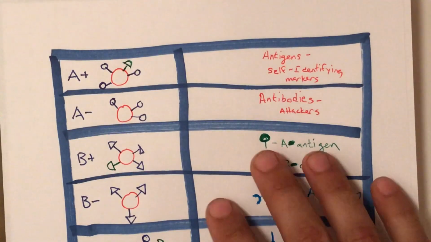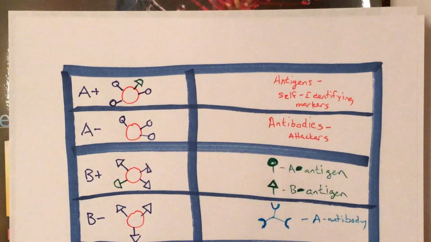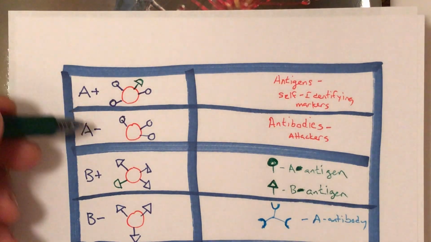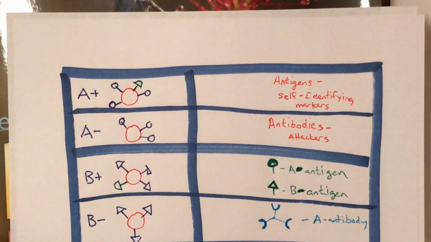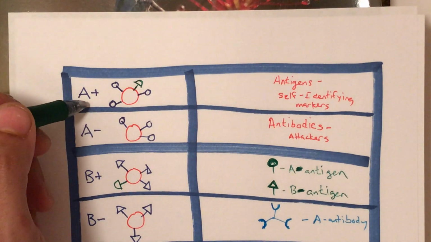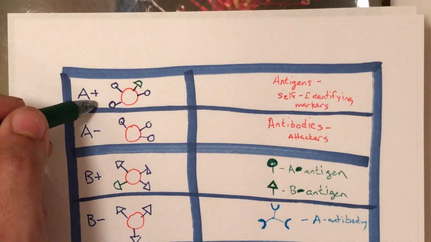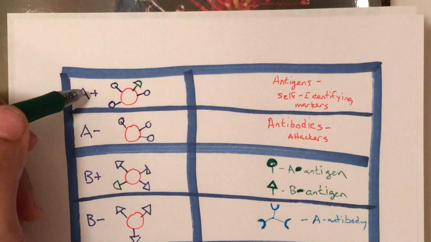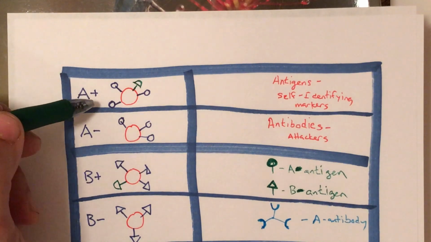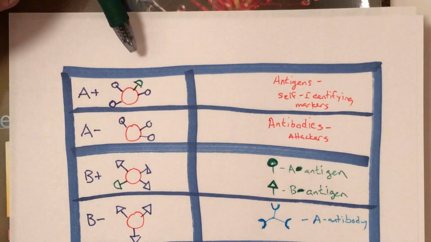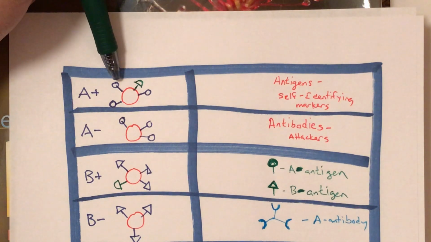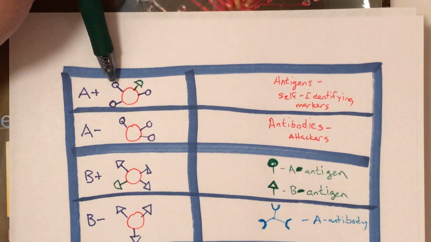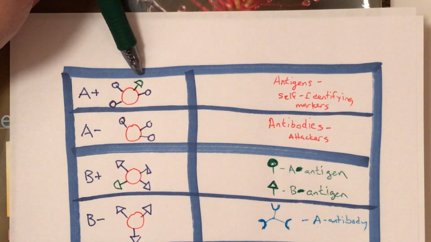All right, now if we go back up to the top, let's ask one question for each of these different scenarios. A person with A positive blood, how many different types of antigens does this person have? And the answer is two different types of antigens. They have the A antigen and the D antigen.